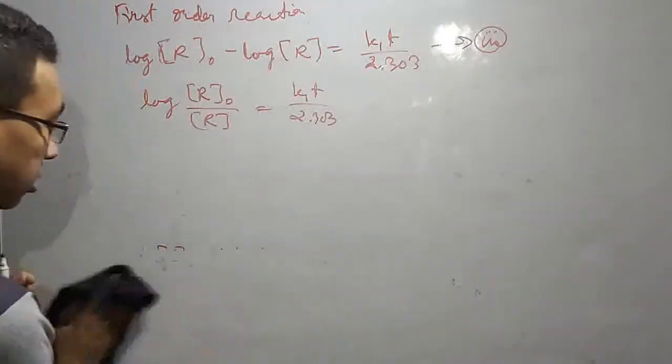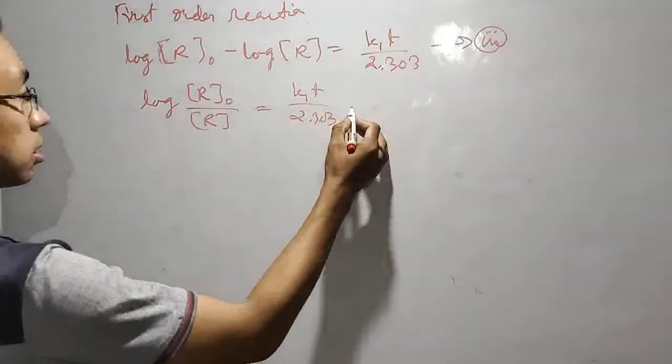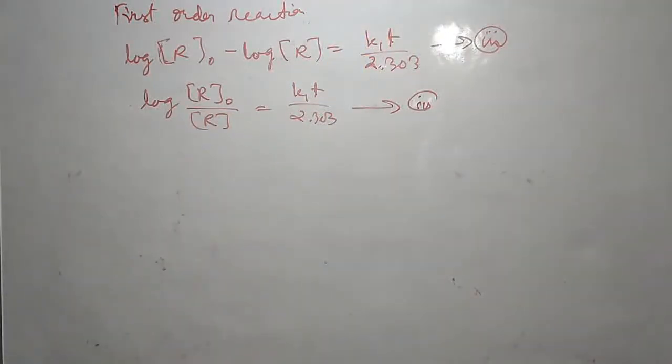Now the next one, suppose, so this is equation number 4. So equation number 3 and equation number 4 are the integrated rate equations, or they are called the integrated form of the rate law.